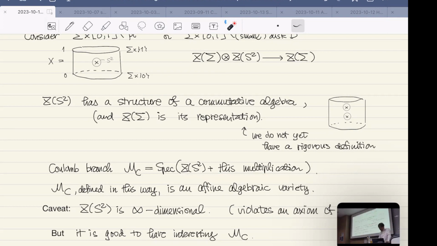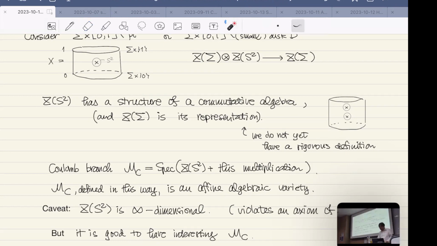Then you can consider its spectrum in the sense of algebraic geometry. In algebraic geometry, instead of varieties, people consider the space of functions for an affine algebraic variety, and you can recover the original variety as the space of maximal ideals of the commutative ring.